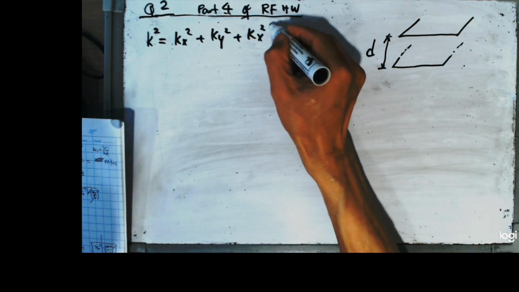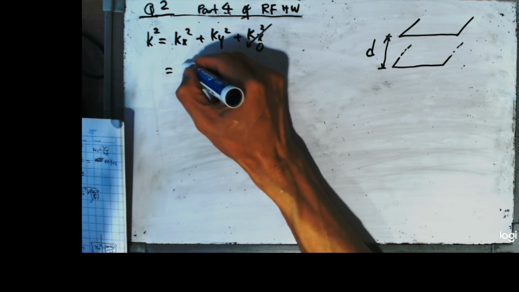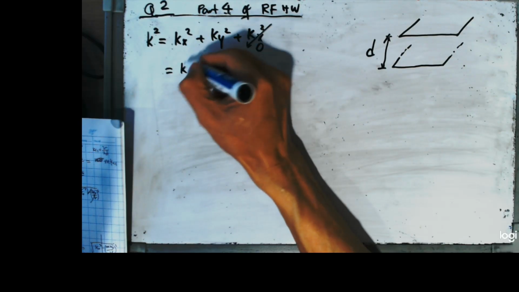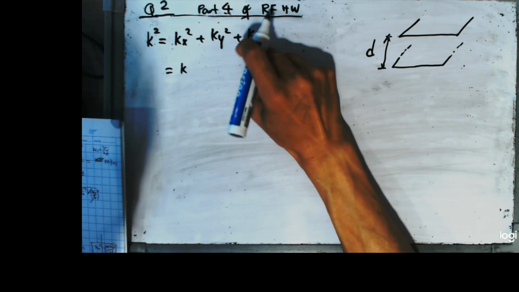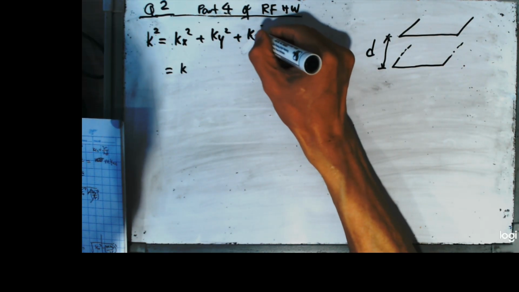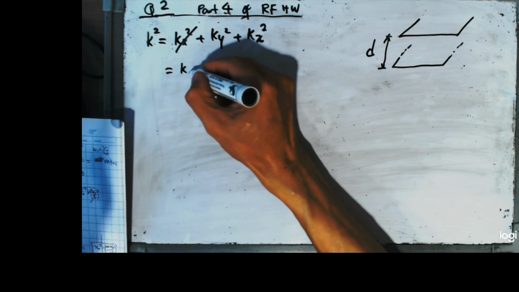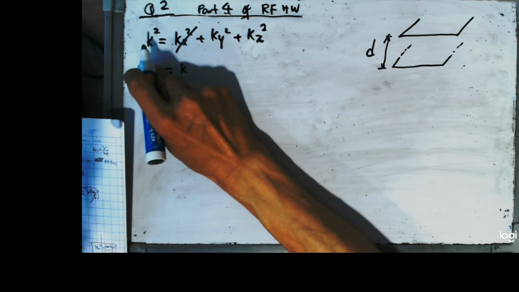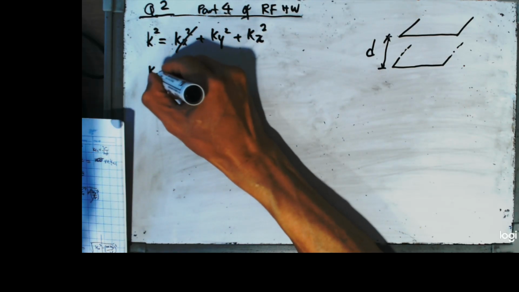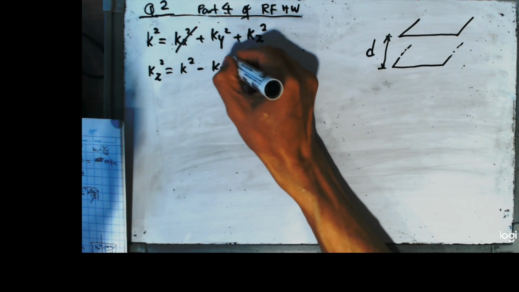So we can cancel this term, and we get kz squared is equal to k squared minus ky squared.